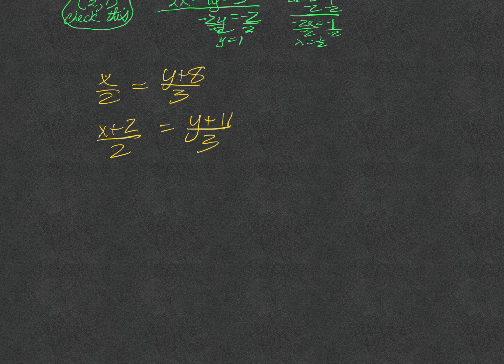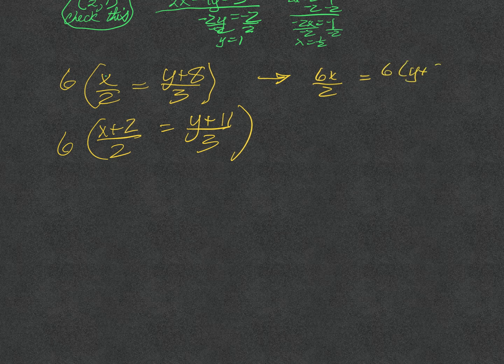So in this case, there are fractions. And so what we want to do is get rid of the fractions first. So what's the common denominator? It's 6 in both cases, so I'm going to multiply by 6. And what's that become? This will become 6 times x over 2 equals 6 times y plus 8 over 3.